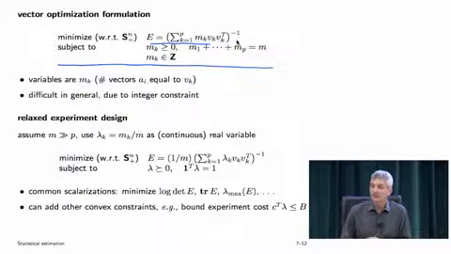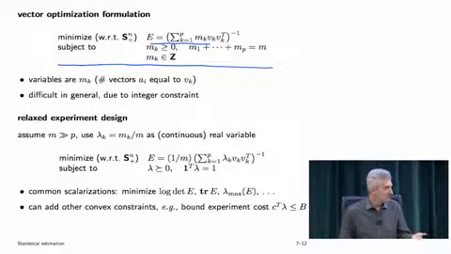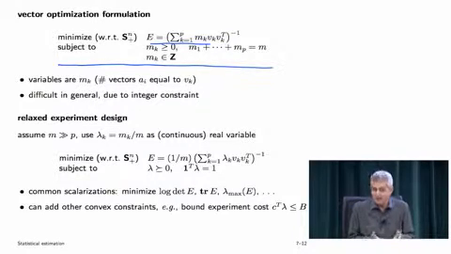Now, of course, that's a vector optimization problem, right? Because it makes absolutely no sense to say minimize a covariance matrix, right? So it's Pareto optimal. And many ways to do that. You could scalarize, you could do all sorts of things, right? There's many ways to talk about minimizing a covariance matrix, right? Or if you like to think geometrically, find me the smallest confidence ellipsoid, right?